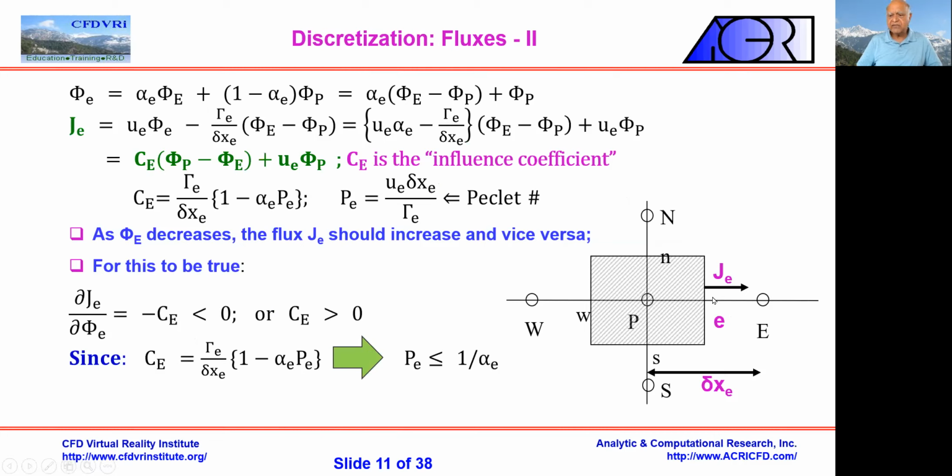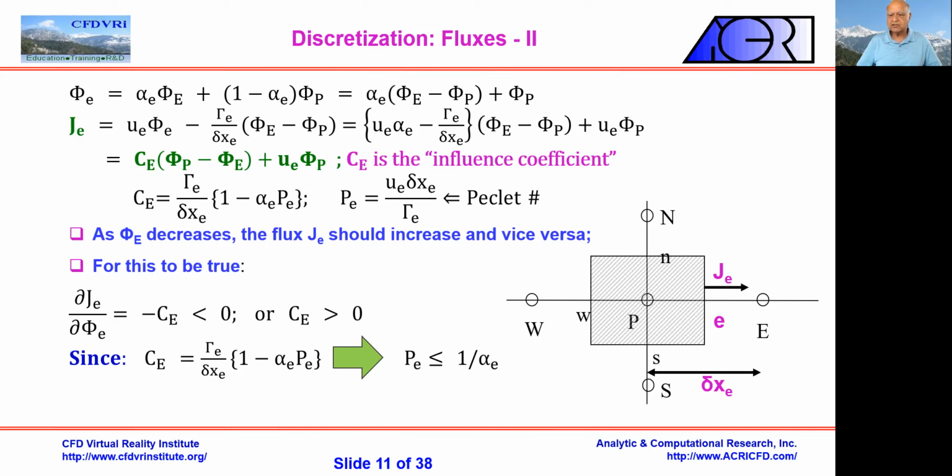Now, how do we compute the value at the E point? Like we did for the source in time, here we can do it for space, and we can say that this value is a combination of this value and this value. That also is a requirement for any smooth or systematic solution, and it is needed for other reasons too, as we'll see later in one of the talks.